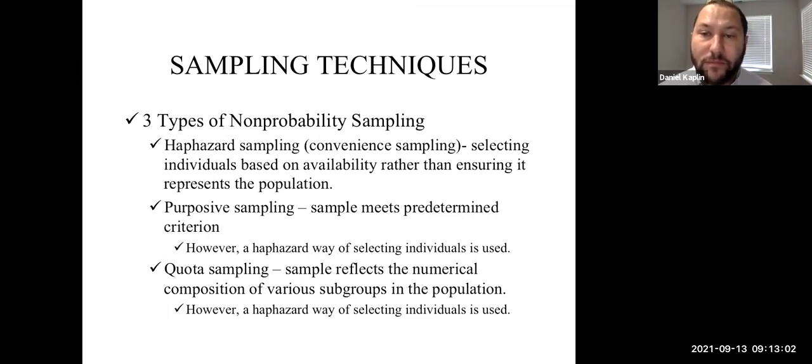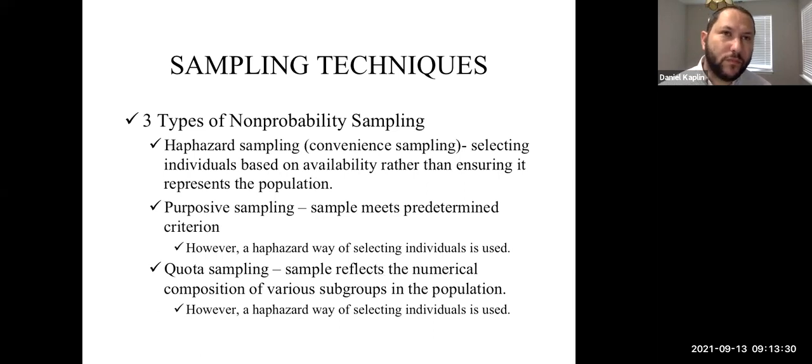And in fact, most of it is this haphazard or convenience sampling. Now, purposive sampling, here is where you have prerequisites to being selected. So you have to meet a certain criteria in order to be selected. But once you've met that basic eligibility requirement, it operates similar to haphazard sampling.